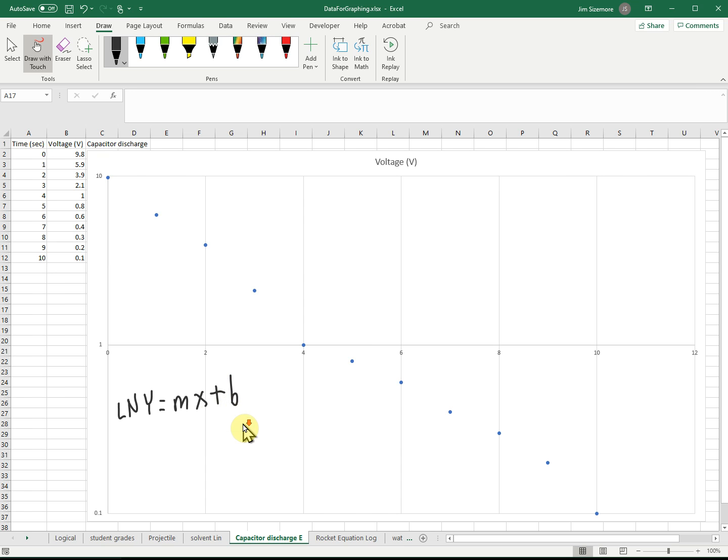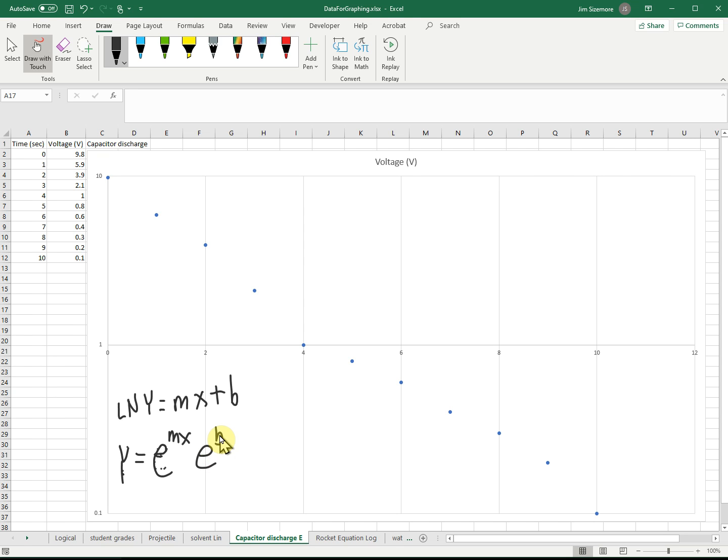Now, if we take the exponential of both sides, well, the exponential of the logarithm is simply the number itself, y, equals e to the mx. Somehow my drawing tool is not taking very well. e to the mx times e to the b.